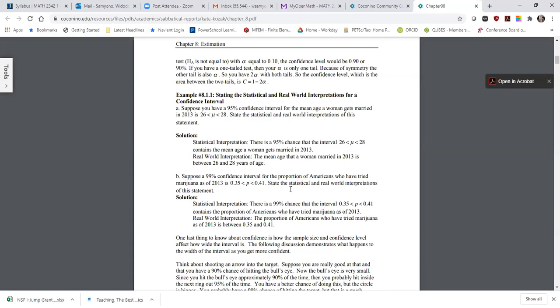Right? So the interpretation will be there is a 99% chance that the interval contains the proportion of Americans who tried marijuana. And the real world interpretation will be the proportion of Americans who have tried marijuana as of 2013 is between 35% and 41%, or 0.35 and 0.41.